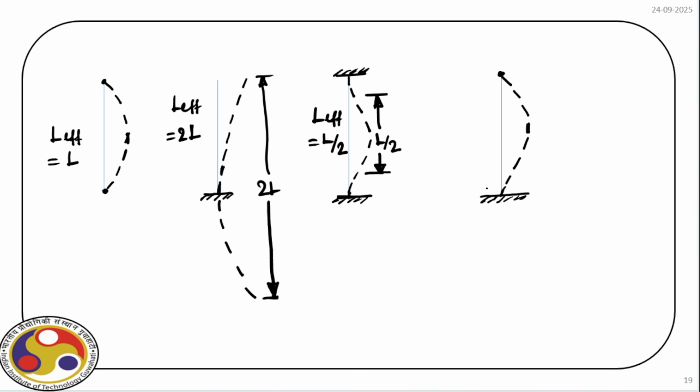So the effective length, if we mark, is between these 2 points, and this is L by root 2. So L effective in this case is L by root 2. So now you can see deformed pattern under the different boundary conditions and respective effective length under buckling, right?